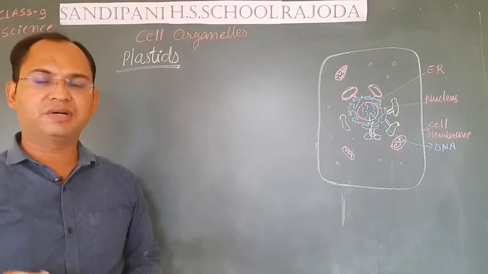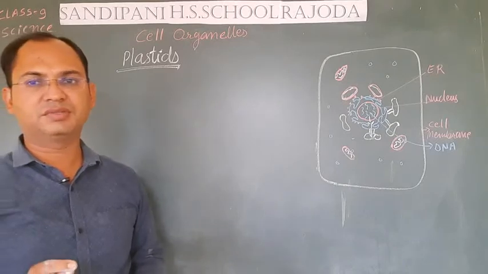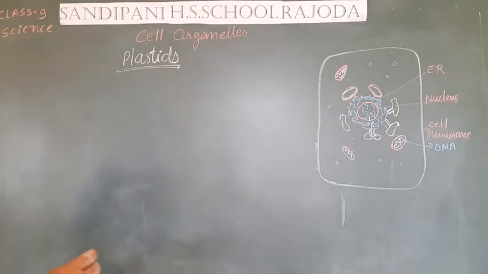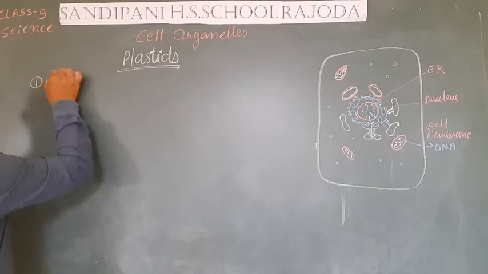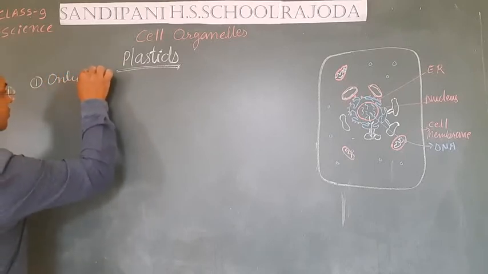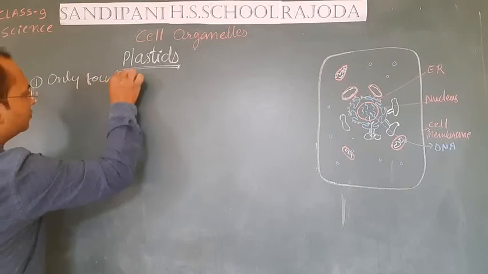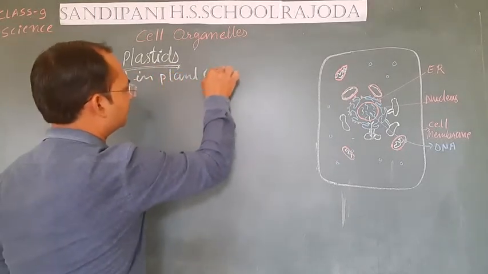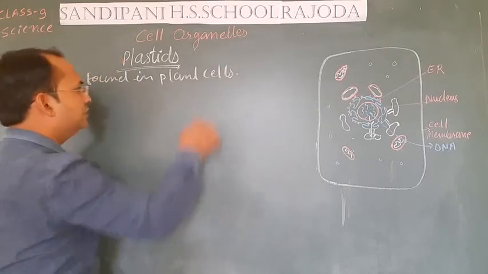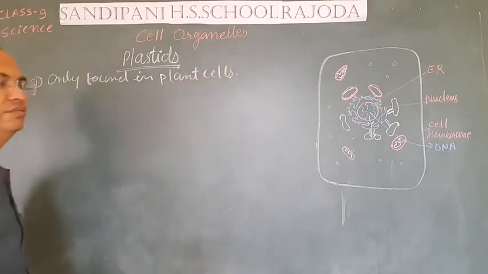Let's see what their important functions are and why they are so important. The first property of the plastids is that they are only found in plant cell and not in animal cell.